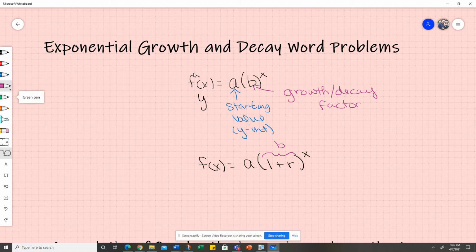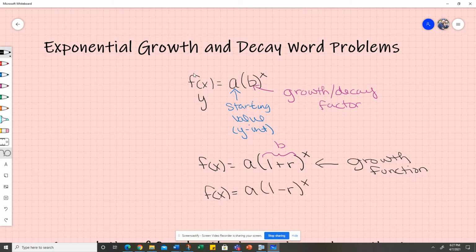This specific 1 plus r is a growth function. And when it is f of x equals a times 1 minus r to the x power, this is a decay function.